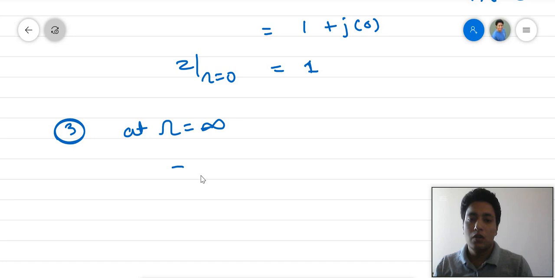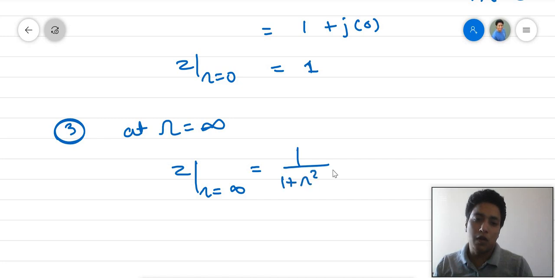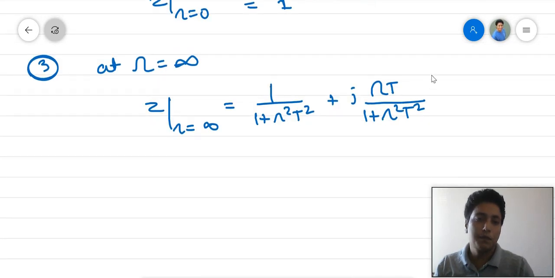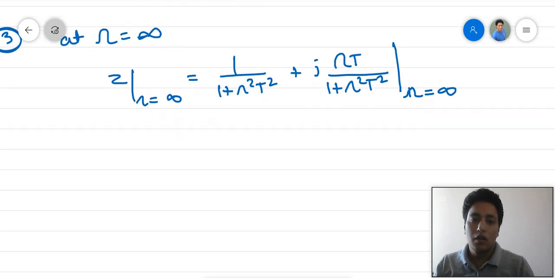We know z at omega equal to infinity will be equal to 1 upon 1 plus omega square T square plus j omega T over 1 plus omega square T square at omega equal to infinity. Now if you substitute, it will be 0 plus j infinity by infinity.